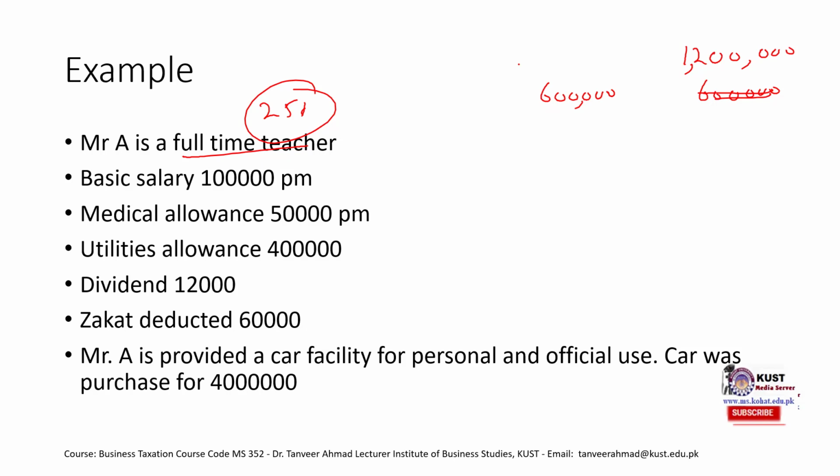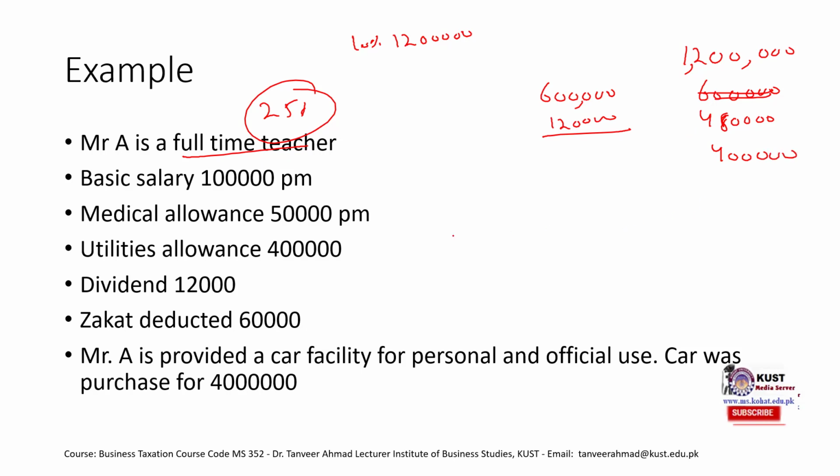So 10% of 12 lakh is 1,20,000. So this 1,20,000 is exempted, and we would have to pay the tax on the rest of the amount, which is 4,80,000. Then utility allowance is fully taxable, which is 4 lakh.